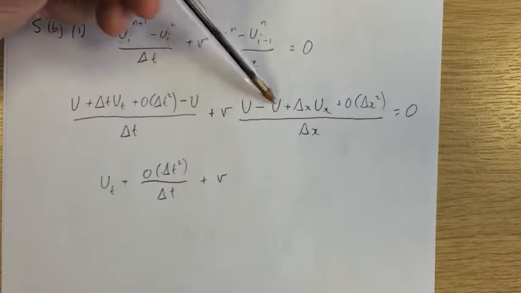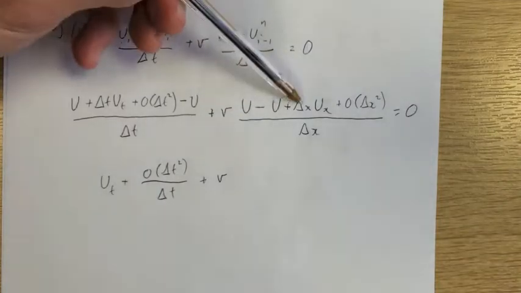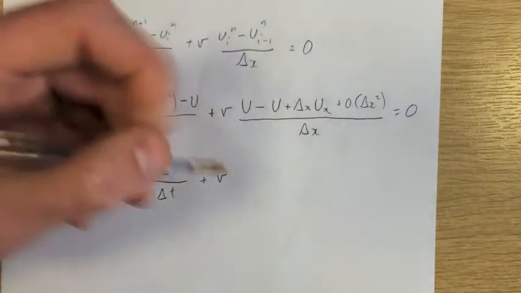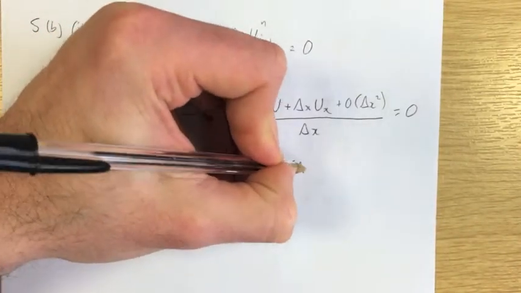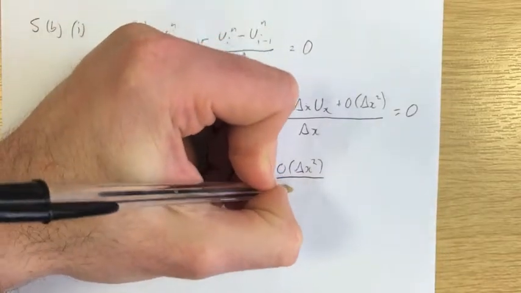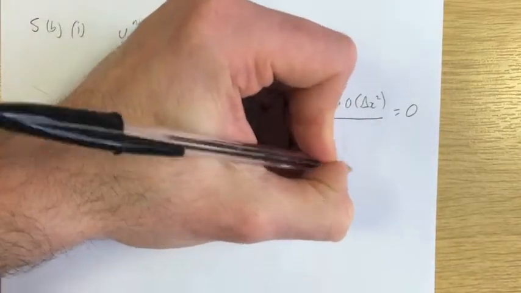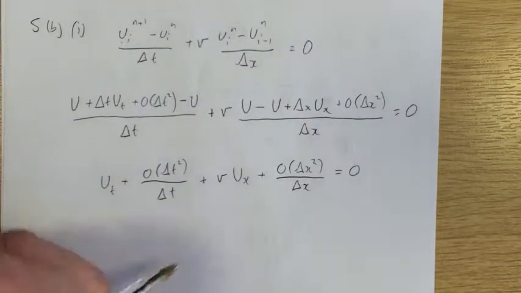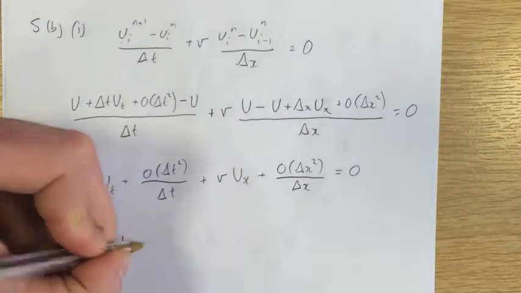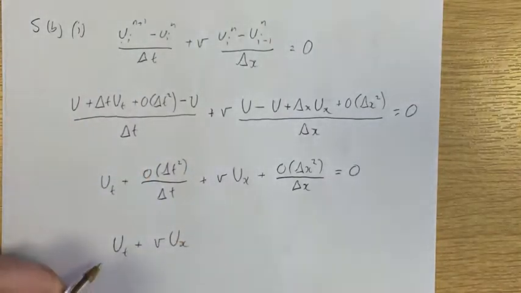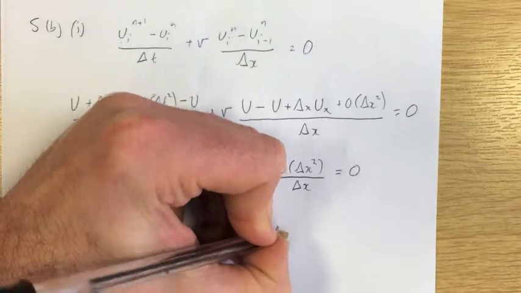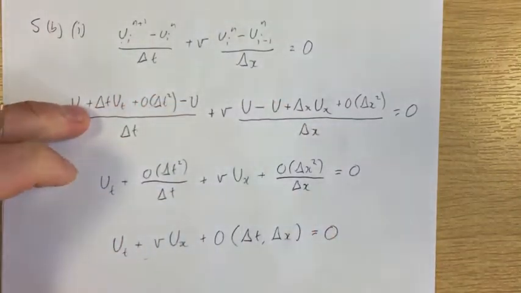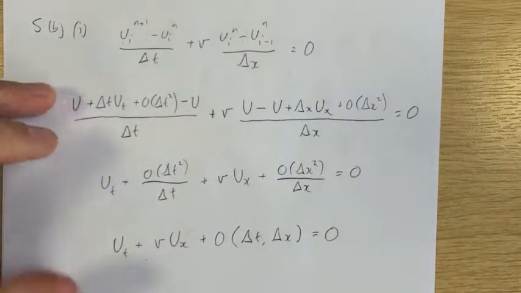So u minus u is 0, delta x ux over delta x just gives me ux, plus truncation error, but that's also divided by delta x. Okay, as we can see, tidy this up a bit. So that's the advection on the left hand side of the advection equation. It's first order in time and first order in space. That's showing that it's consistent.